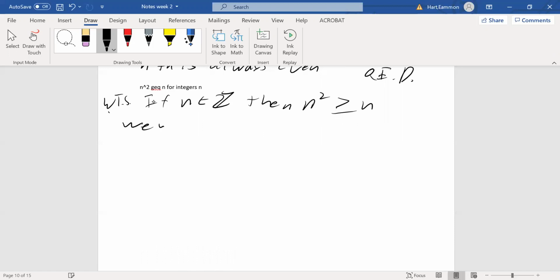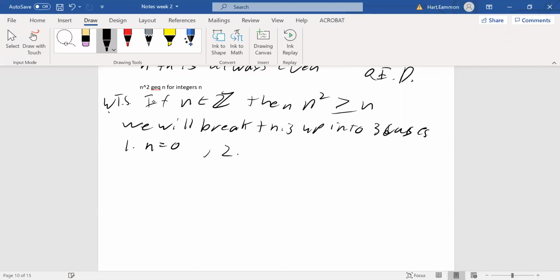We will break this up into 3 different cases. One, n is equal to 0. Two, n is greater than 0. And three, n is less than 0.